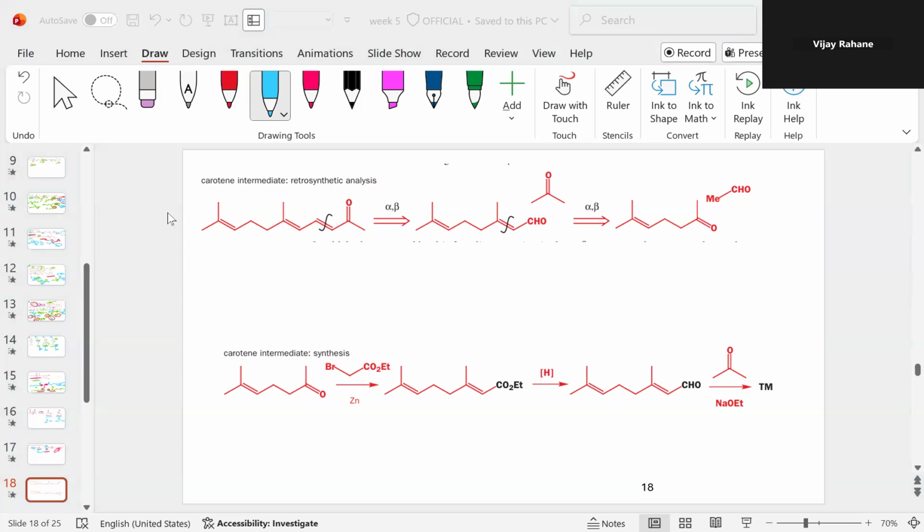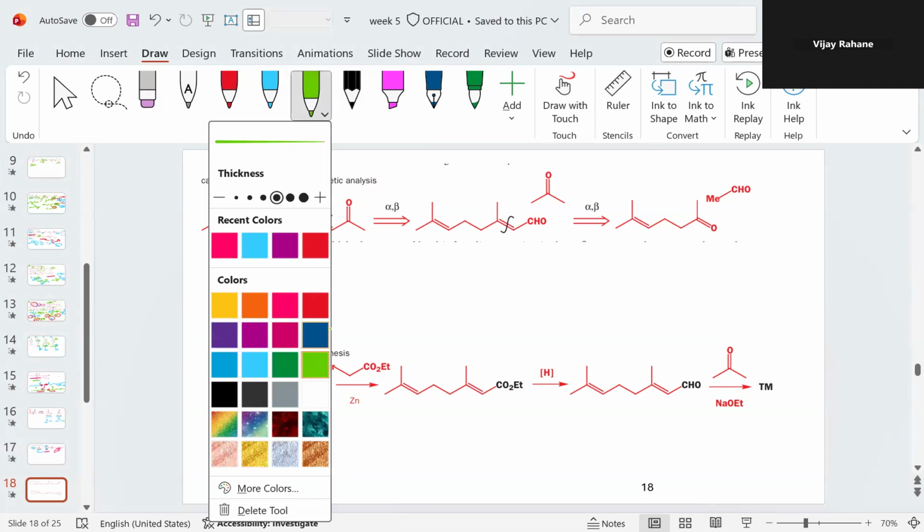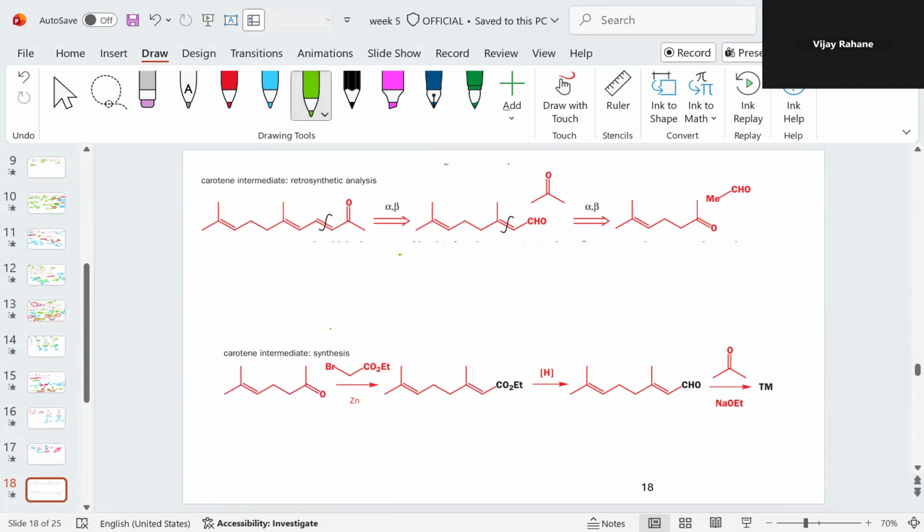And this is the carotene molecule, sorry, carotene intermediate. If you look at the retrosynthesis for this molecule, the first disconnection gives this shorter version.